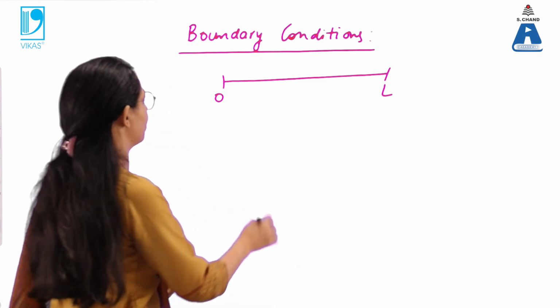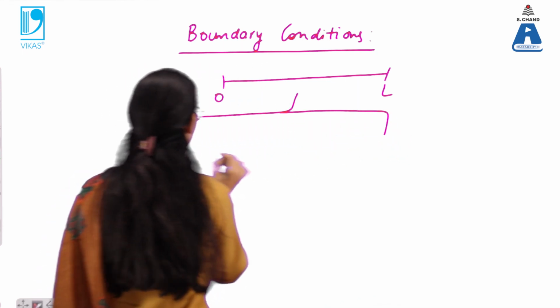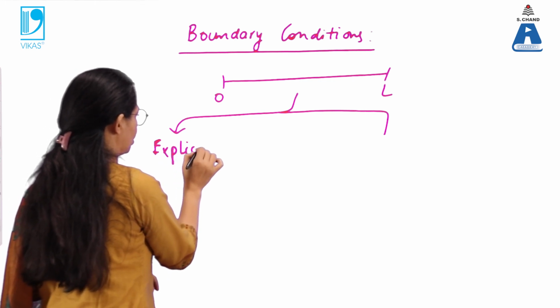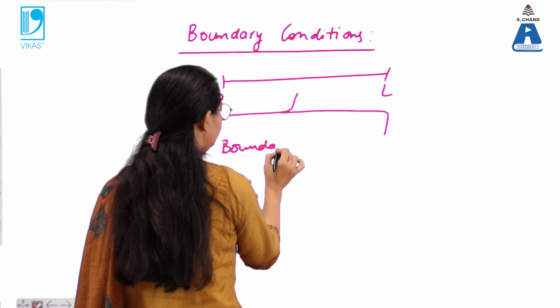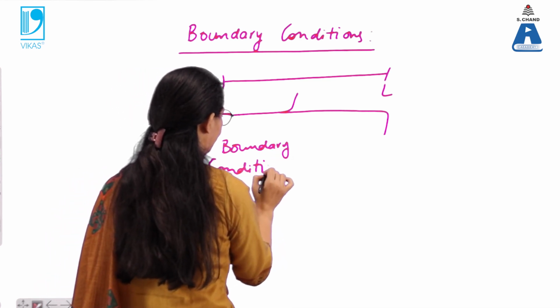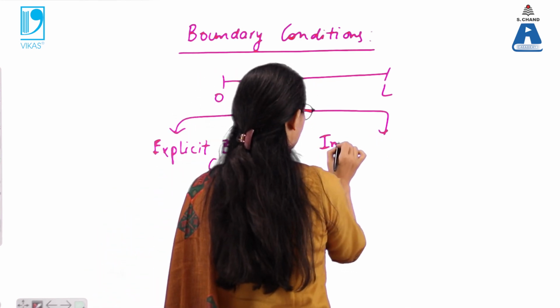So there will be two types of boundary conditions. The first type is called explicit boundary conditions, and the second type is called implicit boundary conditions.